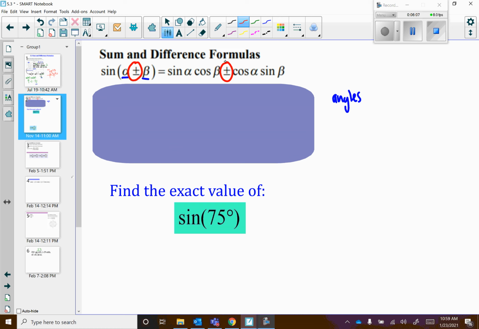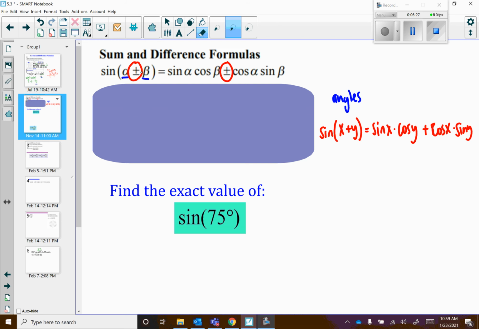It's saying if I am finding, let's say, sine of angle x plus angle y, that'll be equal to sine of x times cosine of y plus cosine of x times sine of y. So if I am adding the angles originally, I'm going to add them in this formula. They're basically writing two equations at once in this statement.